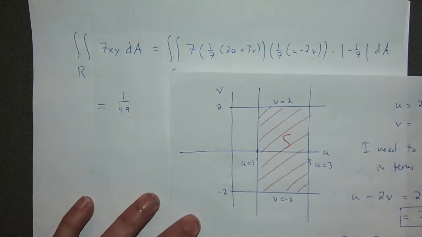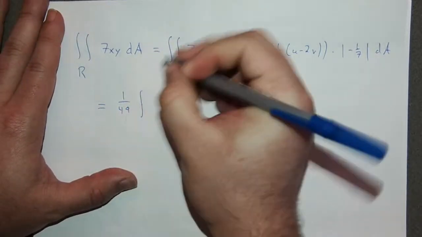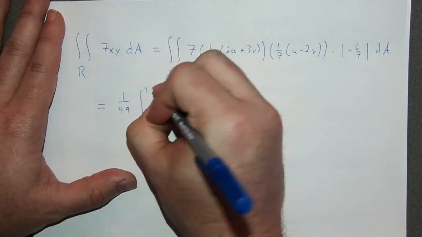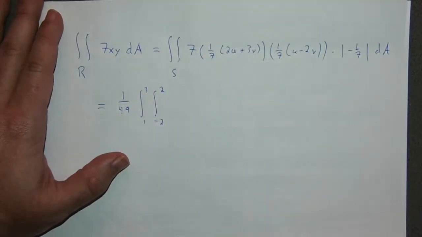If I'm treating this as vertically simple, my inner integral would go from minus 2 to 2, and the outer integral would go from 1 to 3. So this is the integral from 1 to 3, integral from minus 2 to 2 of what is left here.